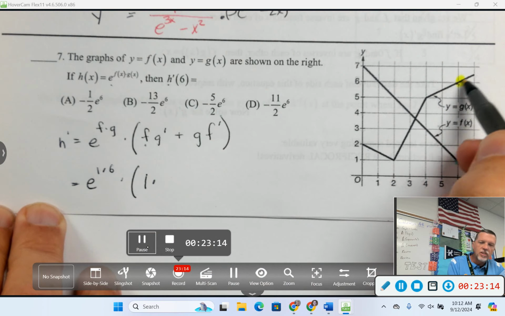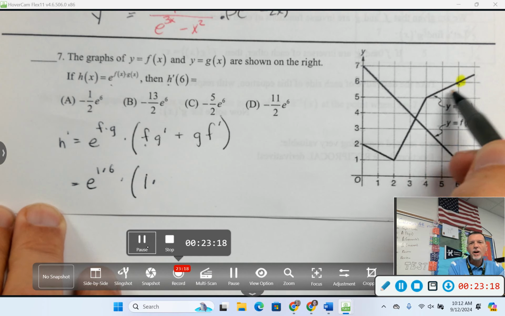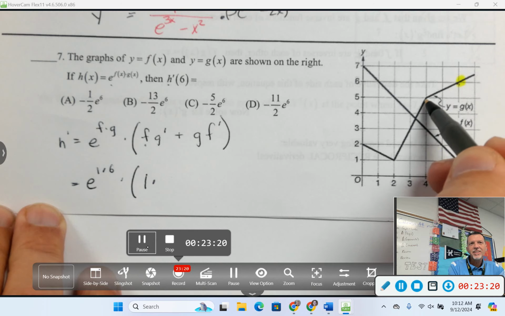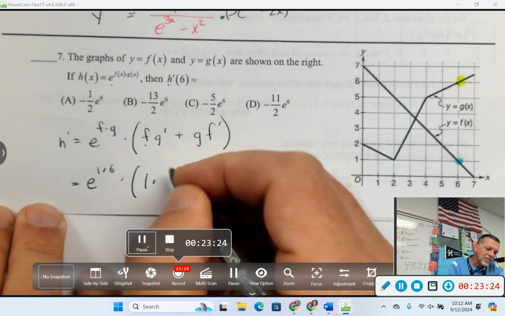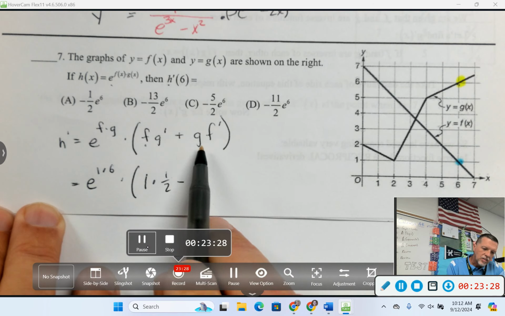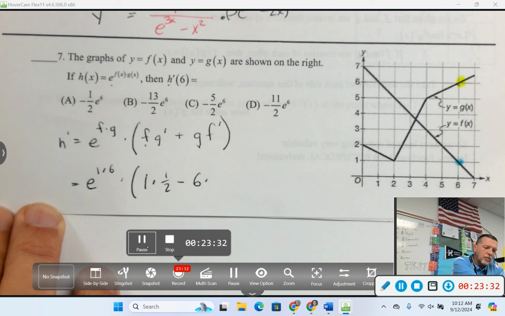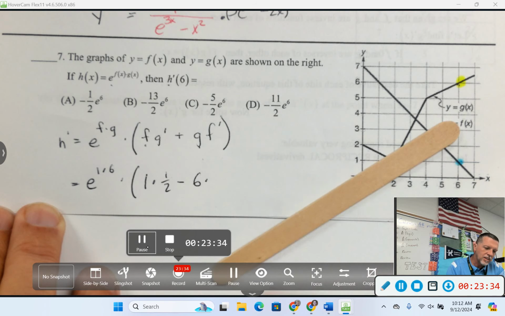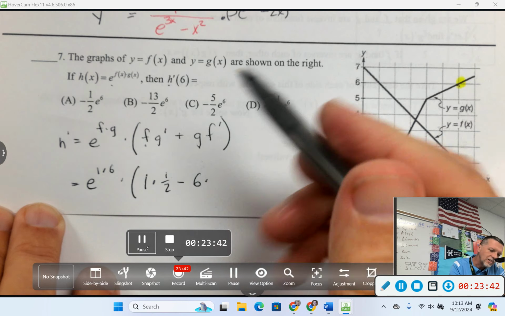So what's g prime at 6? 1/2. Why did you say 1/2? Because that's the slope of g at 6 is 1/2. g of 6 is 6. And then f prime of 6. Johnny, what's f prime at 6? That would be -1. Yes, -1.